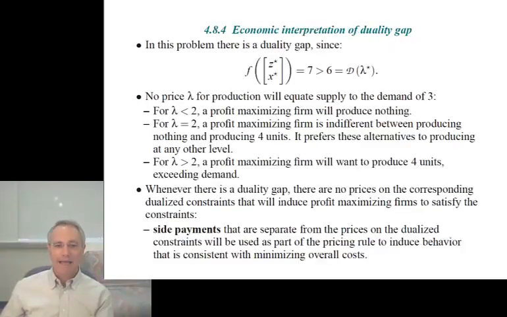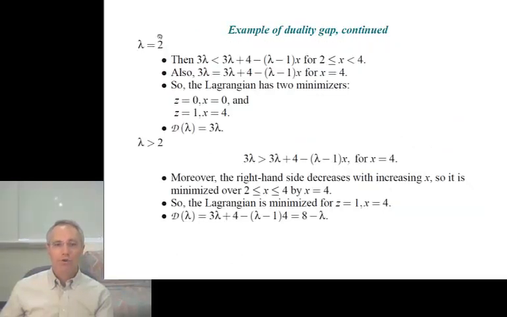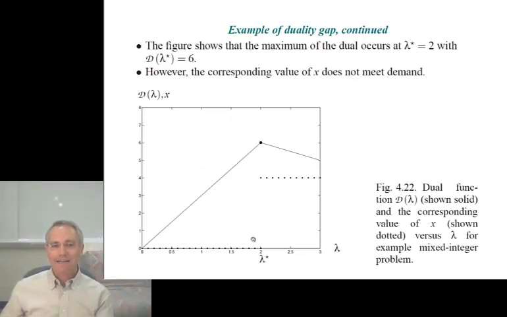Let's investigate that. If we plug in lambda star equal to 2, we find that the Lagrangian has two minimizers, either x equals 0 or x equals 4. And that's indeed illustrated here by the dotted line. For lambda that's smaller than 2, the generator's off and isn't generating anything.